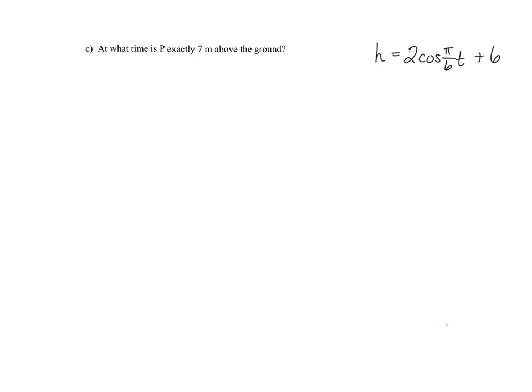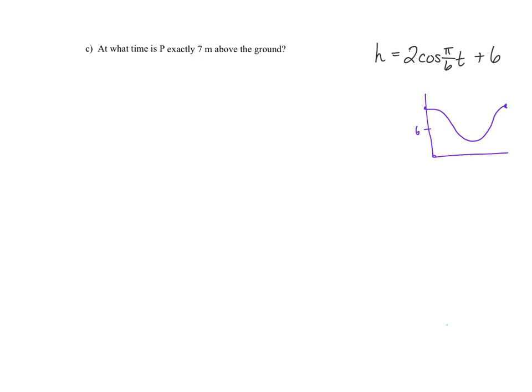So all I've done is I've rewritten at the top of my page what our equation was that we were dealing with. So now we're being asked at what time is P exactly 7 meters above the ground? So again, if we're thinking about when is it exactly at 7 meters above the ground.